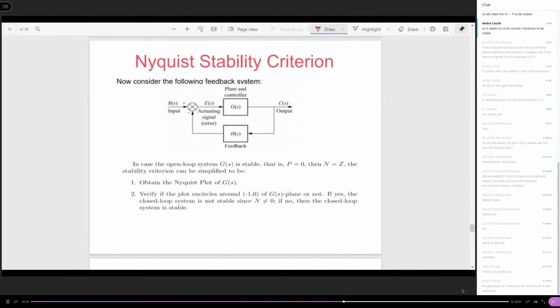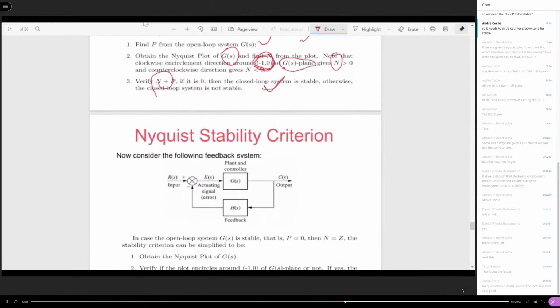What kind of a system do you not have a choice? Can you give me an example? What kind of a system do you design that has to be unstable because you don't have a choice? Can you give me one such kind of a system? Someone?